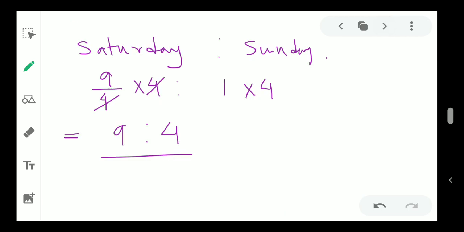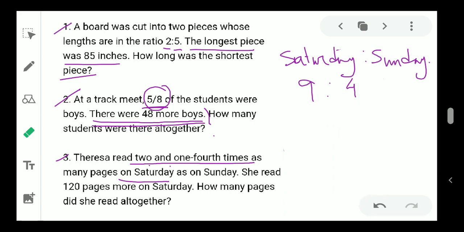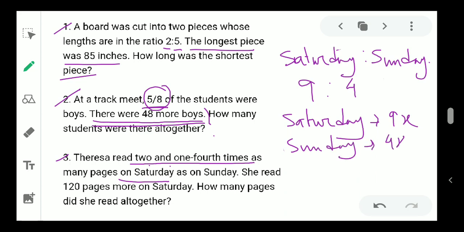That is the number of books read by Teresa. So I can imagine that the actual number of books read on Saturday is 9x, and on Sunday is 4x.